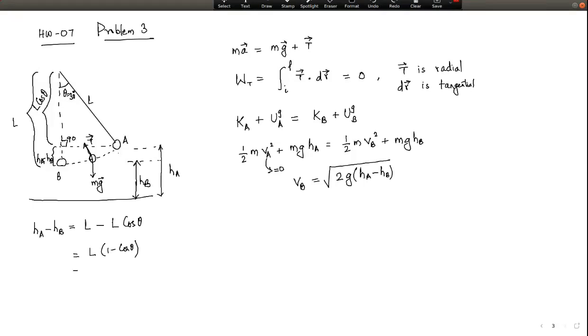L is given to us to be 3 meters, and angle theta is 30 degrees. So it's 1 minus cosine of 30 degrees, times 3. That's 0.40 meters.